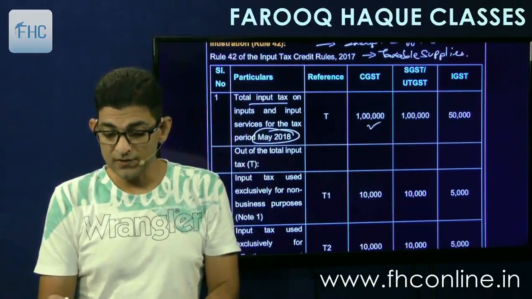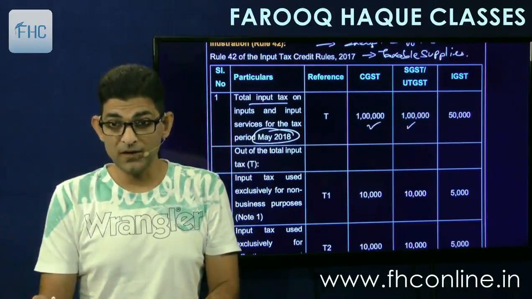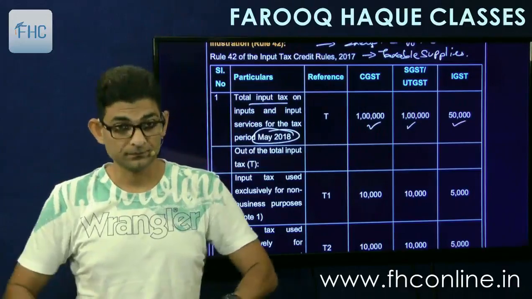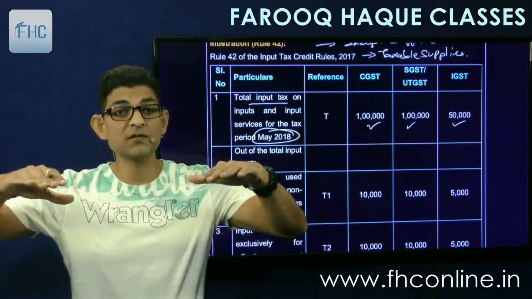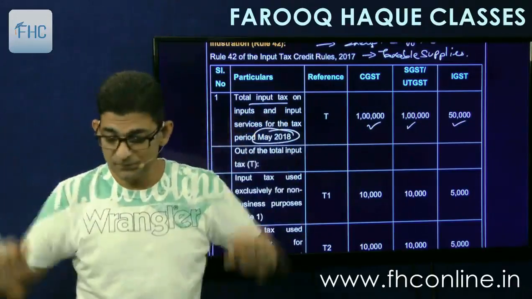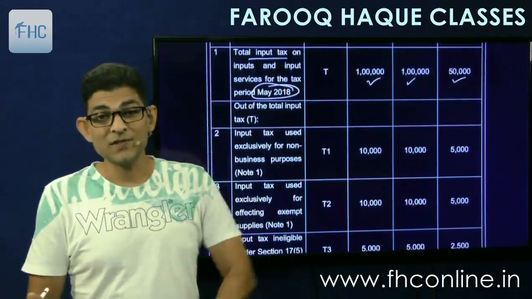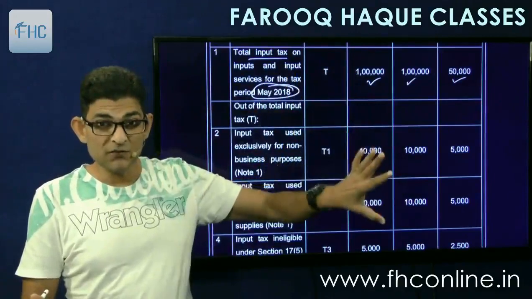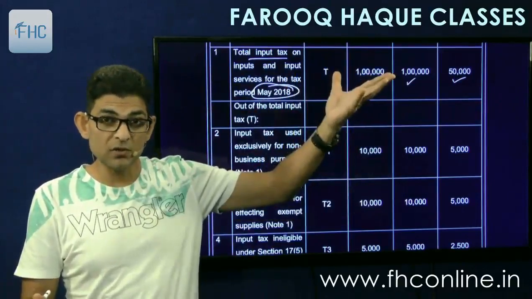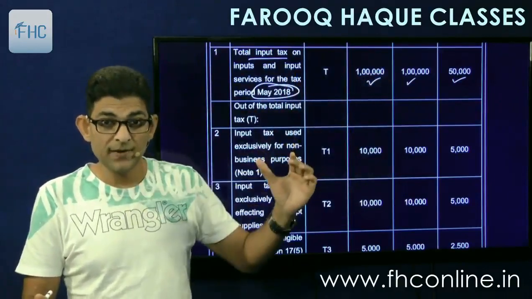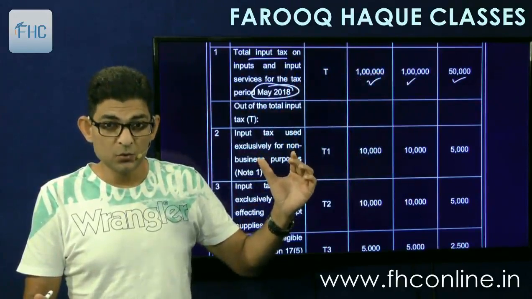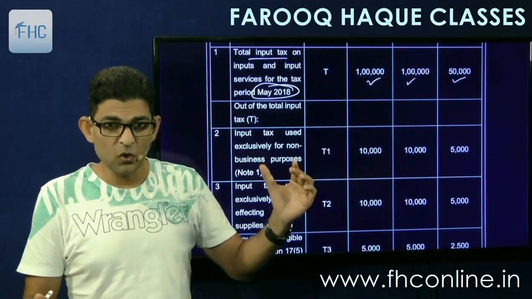CGST you have got 1 lakh, SGST 1 lakh, and IGST 50,000. Because calculations are done separately for each type of tax. Okay. Out of the total input tax, now let's see. Out of this, so all these figures are out of 1 lakh. So this is the total. Now out of this, input tax used exclusively for non-business purpose.